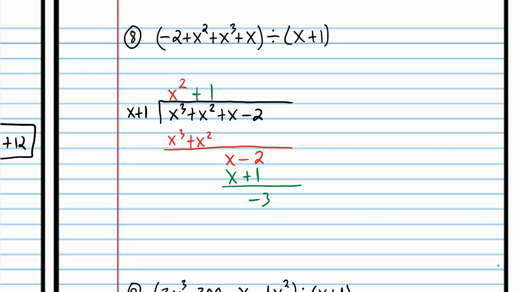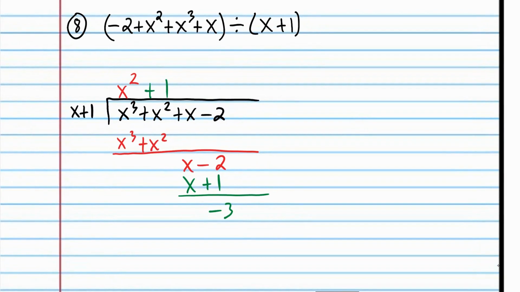So now we're going to write the final answer. The final answer is going to be x squared plus 1. That comes from here. And then we add the remainder divided by the divisor, because there is a remainder.